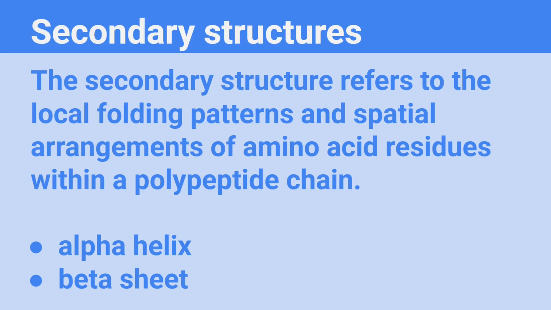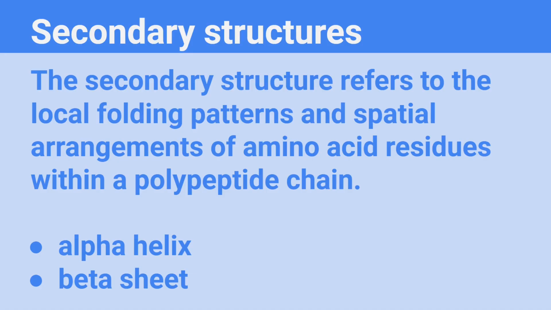In the world of proteins, the secondary structure refers to the local folding patterns and spatial arrangements of amino acid residues within a polypeptide chain. While the primary structure outlines the linear sequence of amino acids, the secondary structure delves into the immediate, recurring spatial motifs adopted by the protein's backbone.